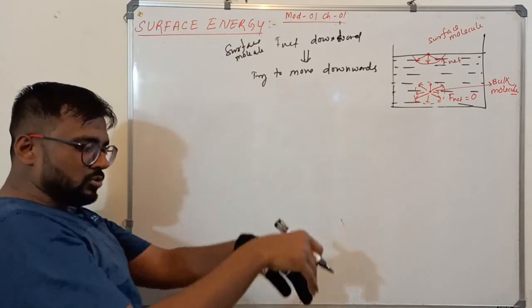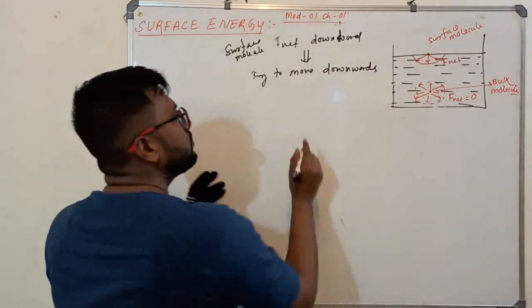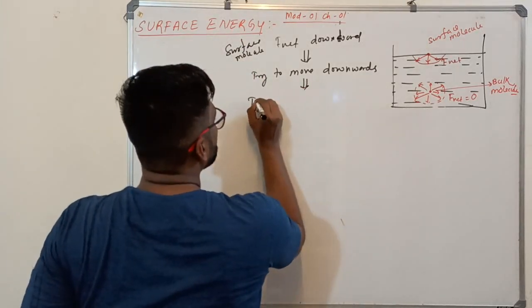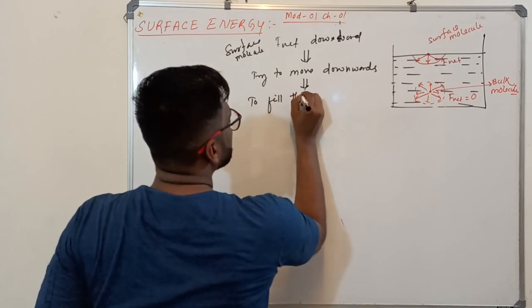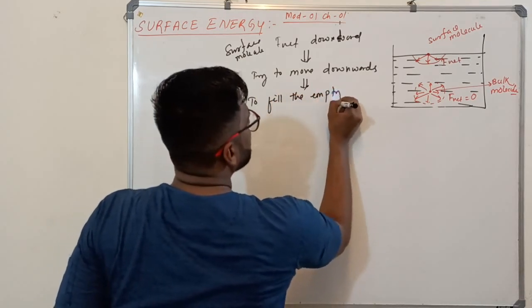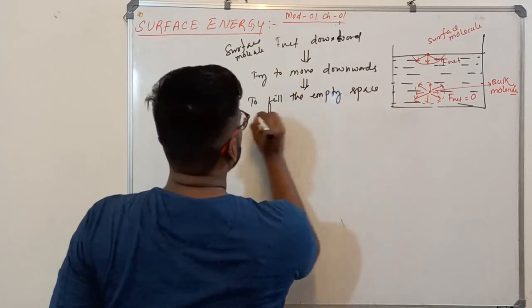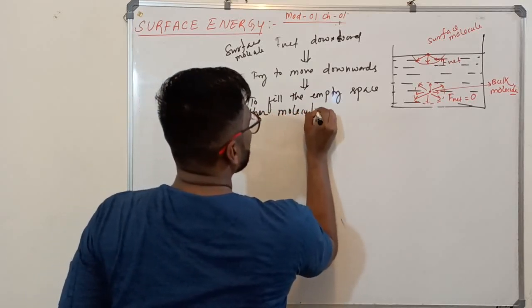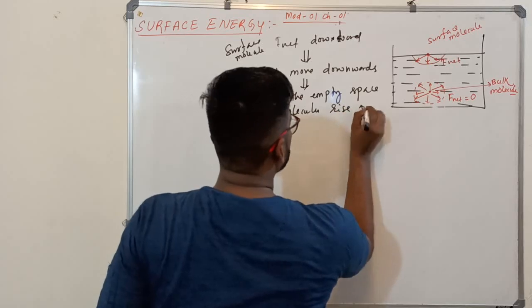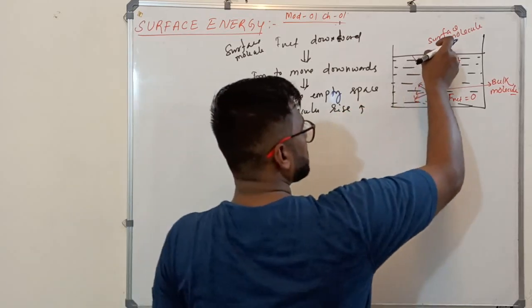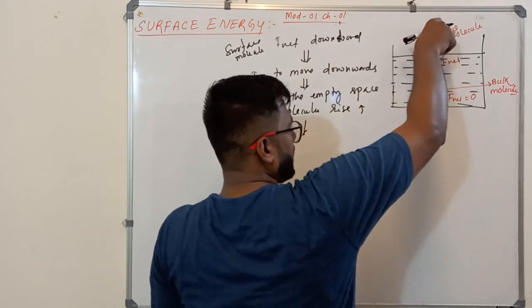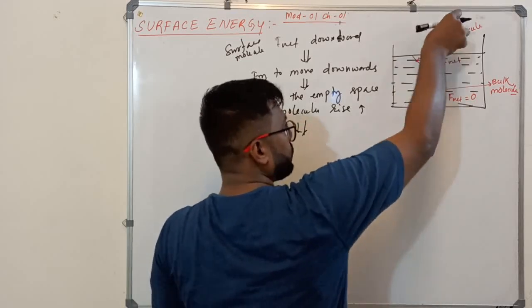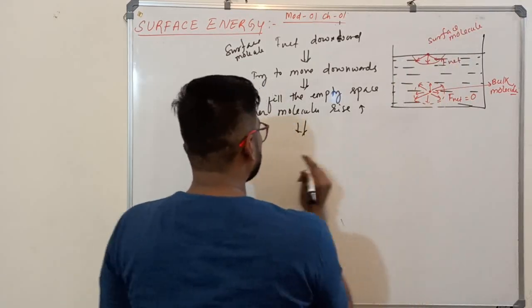As it comes downward to fill the empty space, what happens? The other molecules rise. Yes or no? In order to fill this, it has come down, so other molecules will try to go up. Isn't it?